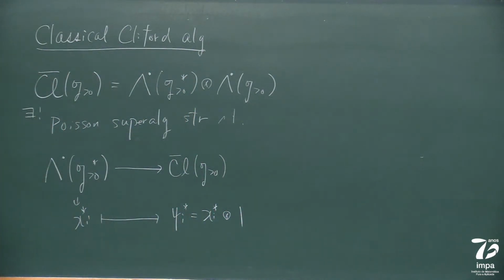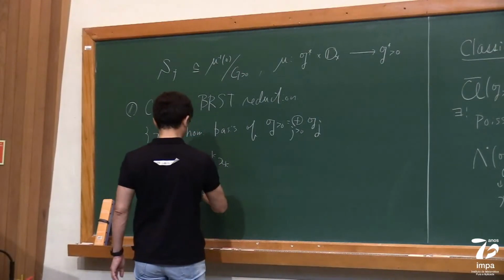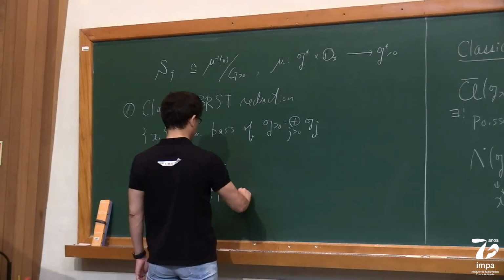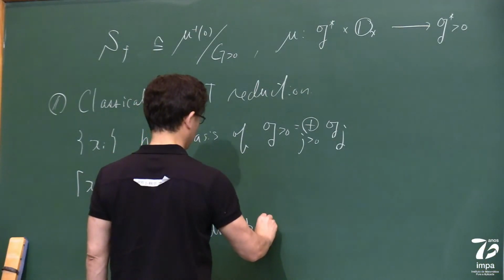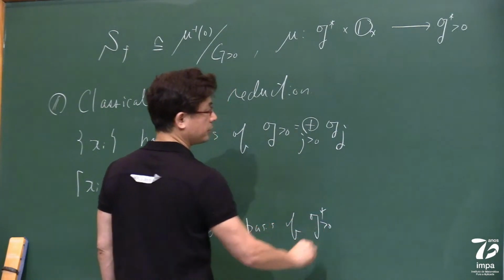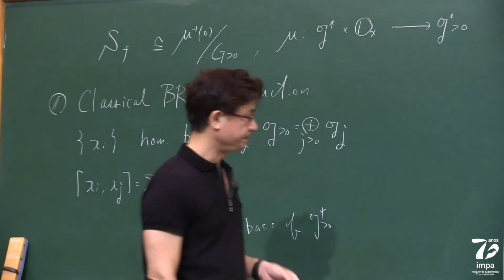So maybe I write xi star for a dual basis, a basis of the dual of G positive.